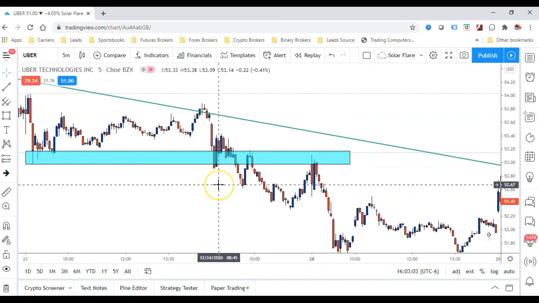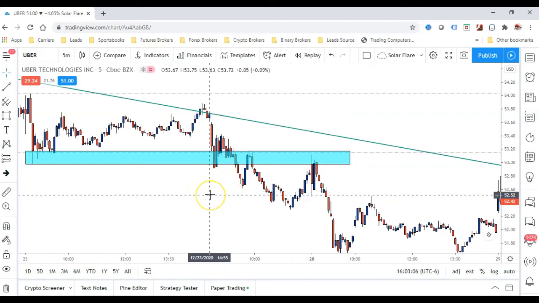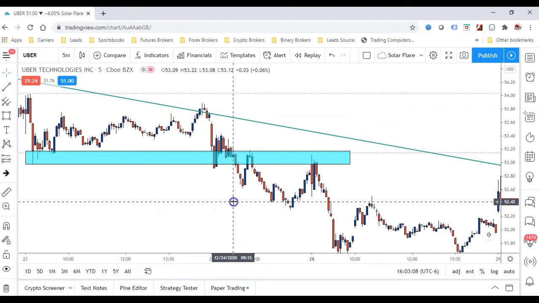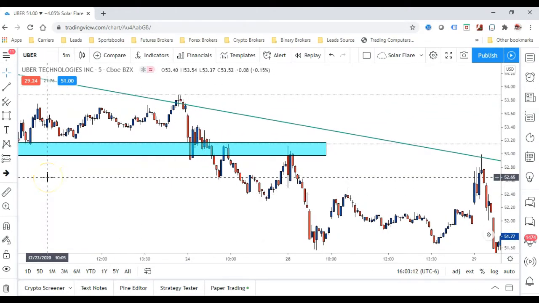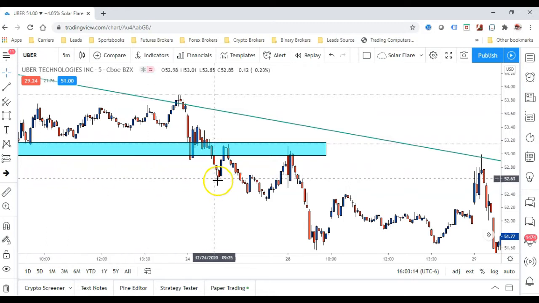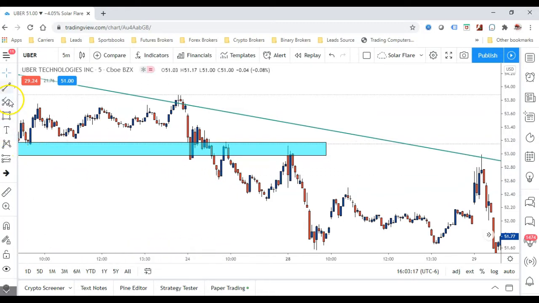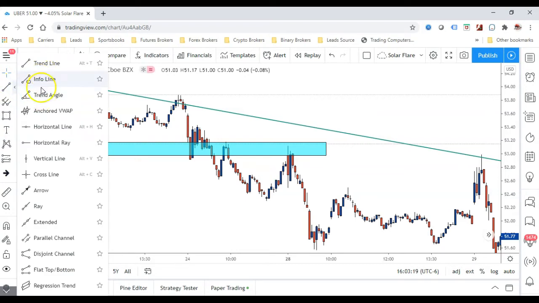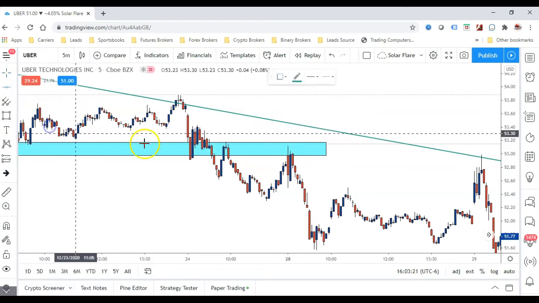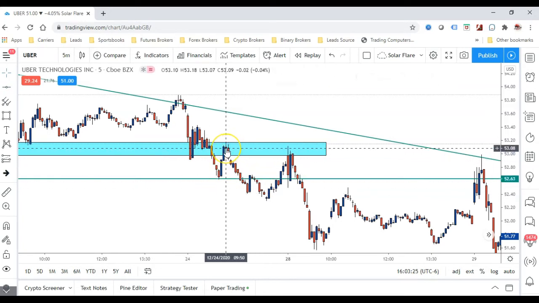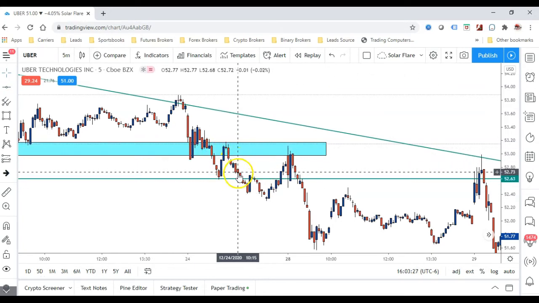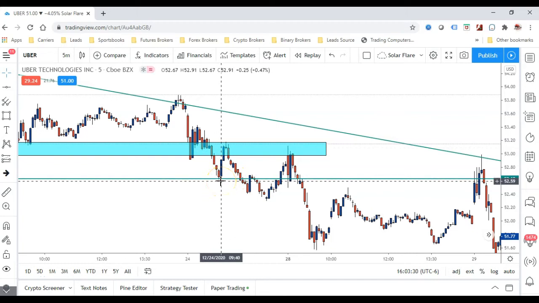And as far as the exit goes, usually if you're not good with riding trends, always set a take profit at the bottom of the zone. So, for example, if you got into the trade here, I would have been looking to get out at the end of the support zone from this swing.